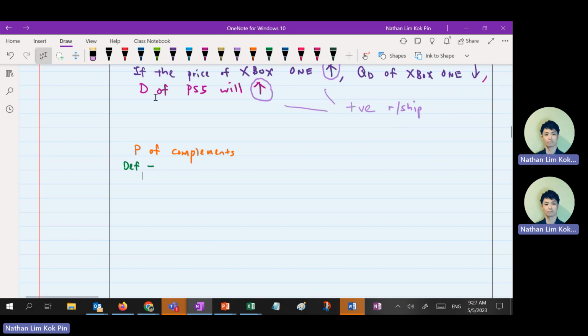Complements are goods or services that must be consumed together, which otherwise serve no purpose.